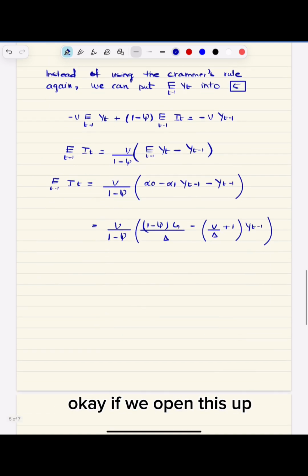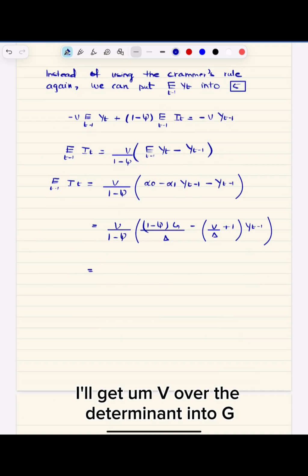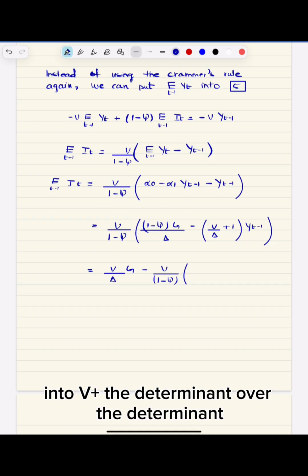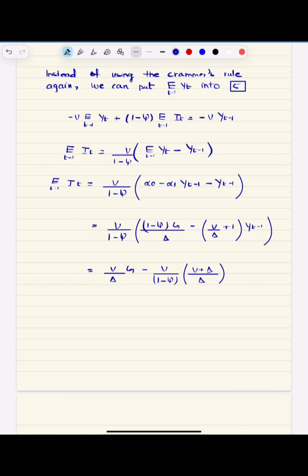Okay, if we open this up, I'll get V over the determinant into G, minus V over 1 minus this into V plus the determinant over the determinant into YT minus 1.